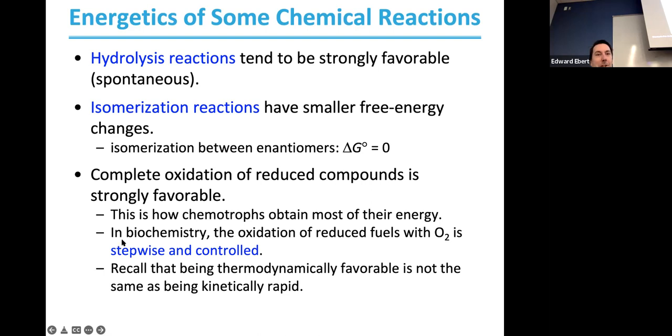We essentially oxidize stuff with oxygen, and in a living organism, we want to make sure this is stepwise and controlled. You guys ever hear of spontaneous combustion, where someone just spontaneously bursts into flames and is reduced to a pile of ashes? I always thought that's where the biochemistry just goes completely wrong, and we have uncontrolled, massive oxidation that happens there too.